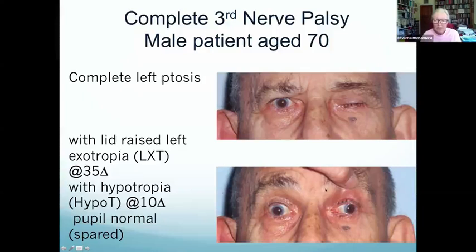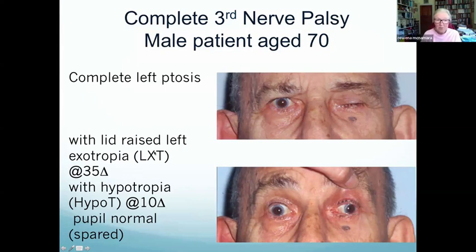However, when we lift up the lid, we can see that his left eye is turning outwards. I said that we remember this characteristic from this muscle palsy, that the eye, when it has been affected, will be down and out.